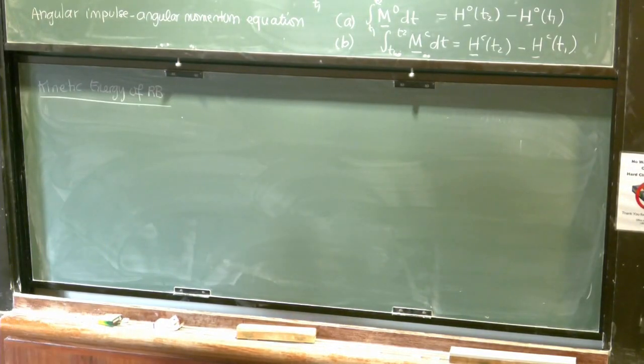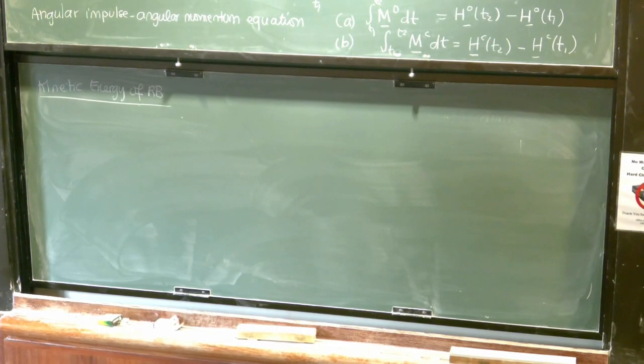Can anyone guess how we're going to calculate the kinetic energy of a rigid body? How do we calculate the kinetic energy of a particle? Half m v dot v. How do I calculate the kinetic energy of a rigid body? It's not that. How do I calculate the kinetic energy for a system of particles? We sum, right? We sum the kinetic energies of all the particles. Now for a rigid body, how do I calculate it? What is it? Integrate, exactly.